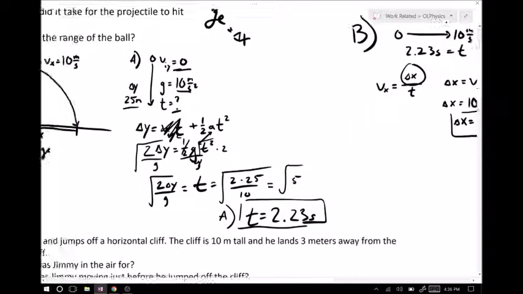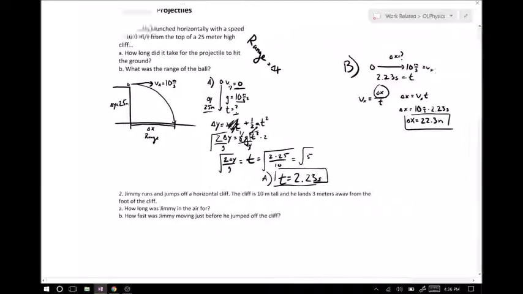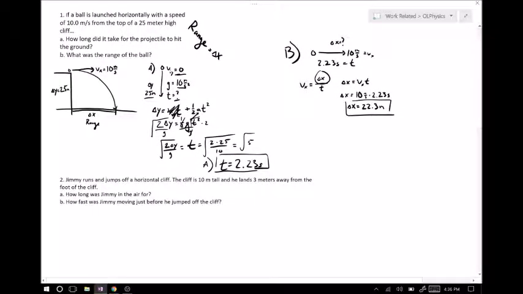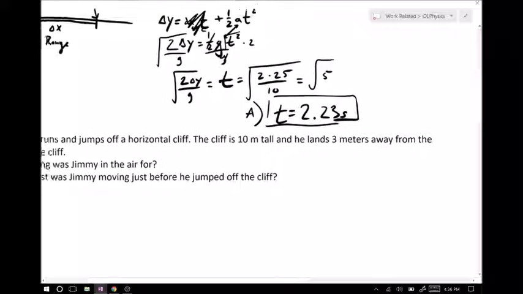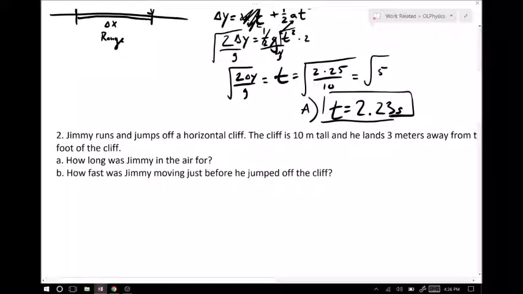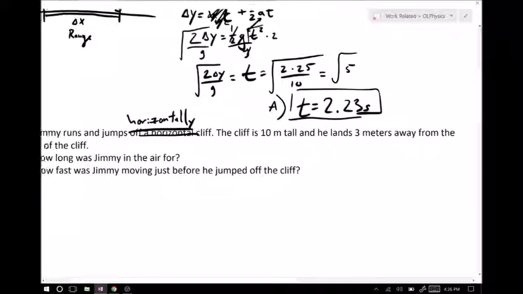Now we go to another problem: Jimmy runs and jumps off a horizontal cliff. That's bad. That should say runs and jumps horizontally off a cliff. The cliff is 10 meters tall, and he lands 3 meters away from the foot of the cliff.